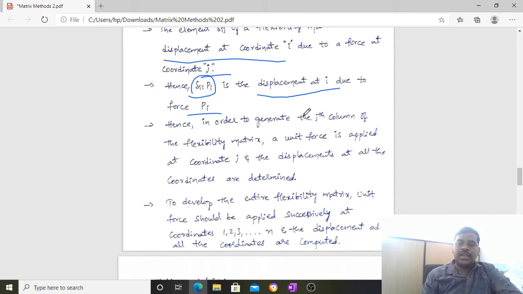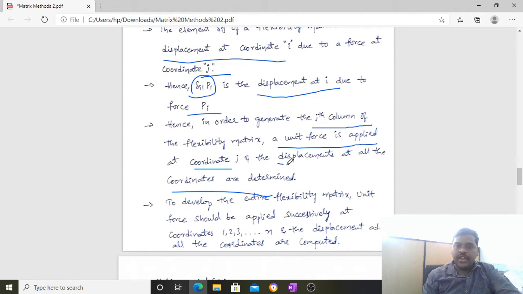So in order to generate the jth column, a unit force is applied at coordinate j, like in influence line diagram. Here we are also applying a unit force at coordinate j, and the displacements at all the coordinates are determined.